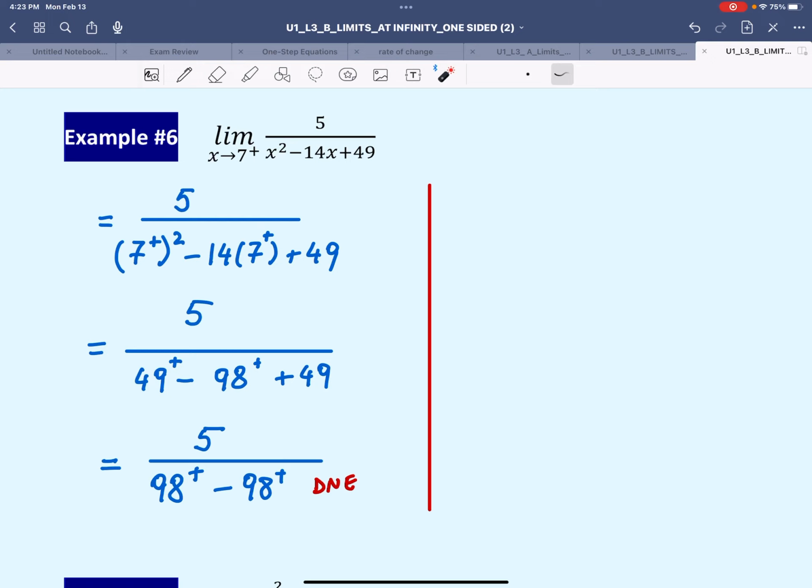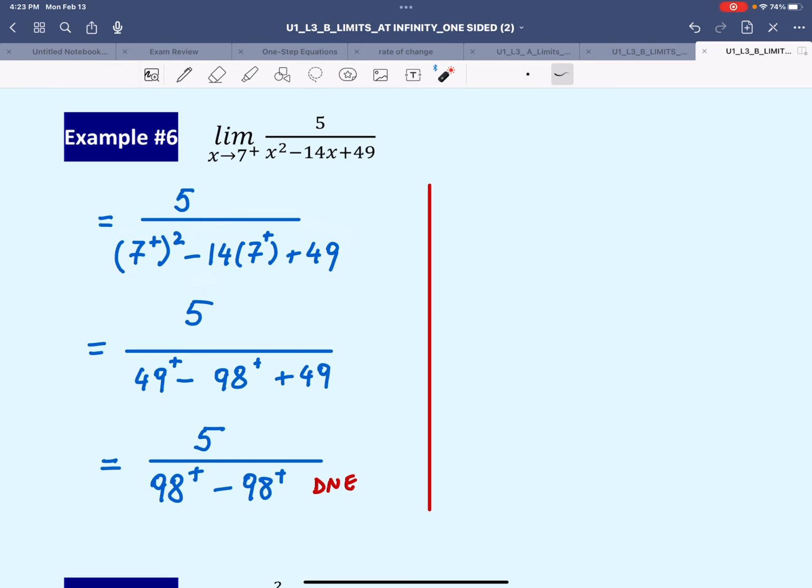And what brought in the two one-sided numbers? The substitution of 7 in two spots, because x was present in two different terms in the denominator. So that makes us think: can I change this expression so that I won't have these two together in one expression in the denominator?